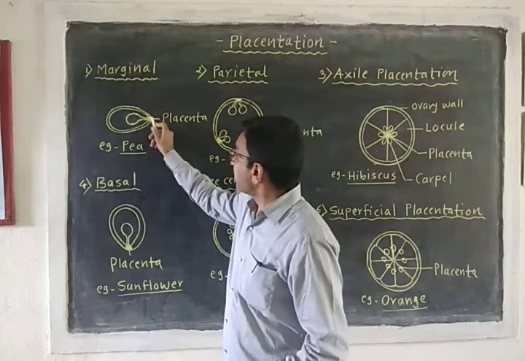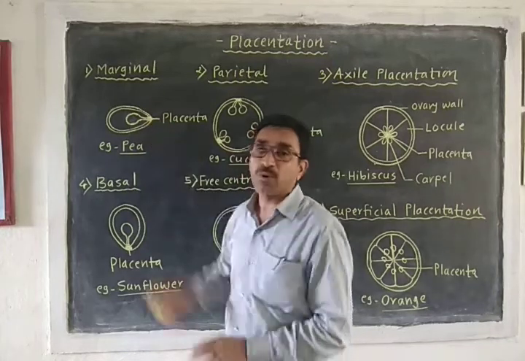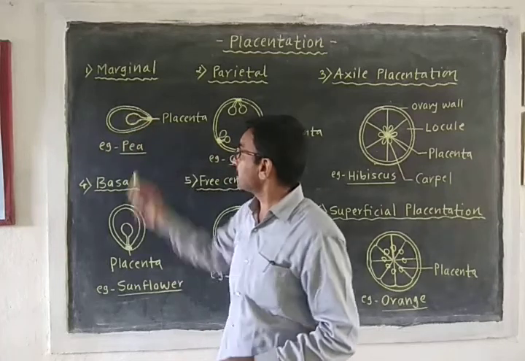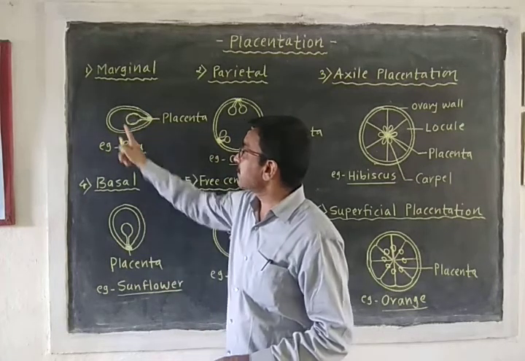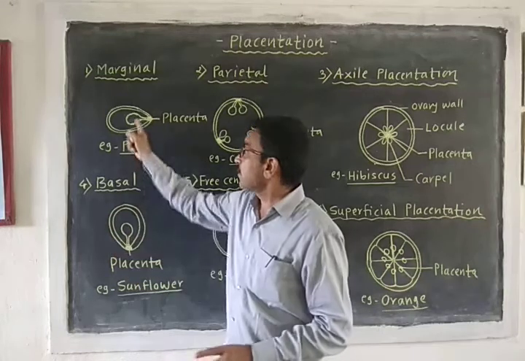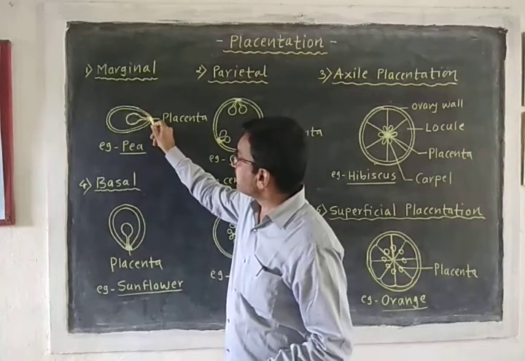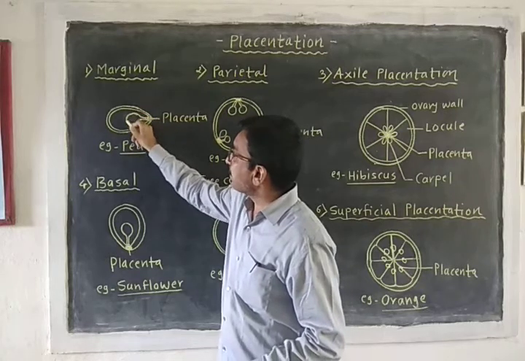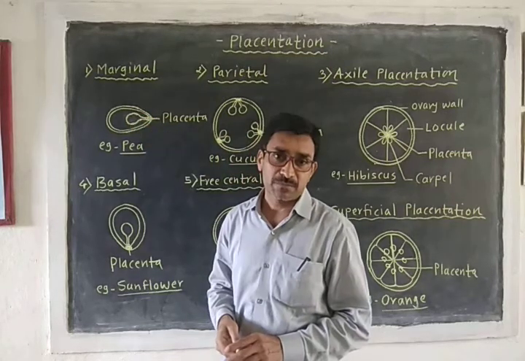And here the placenta is present at the margin of the ovary. This is the transverse section of the ovary, and it shows that it is unilocular, monocarpellary, and the placenta is present at the margin of the ovary. This is the placenta to which the carpels or ovules are attached.